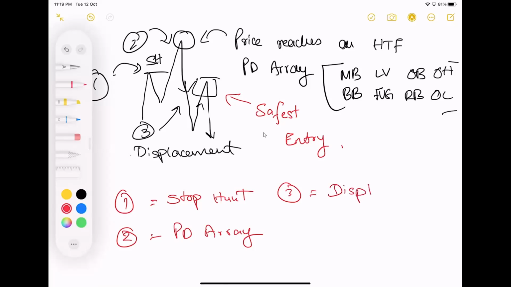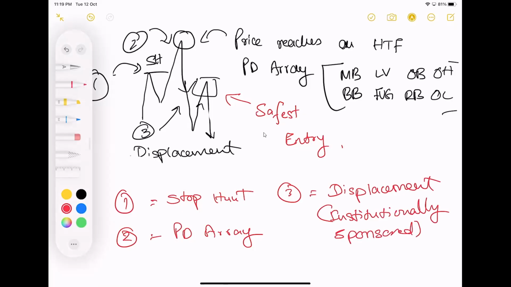What does the displacement say? It is institutionally sponsored. Then this fourth portion over here is your low risk entry. Why is it low risk?